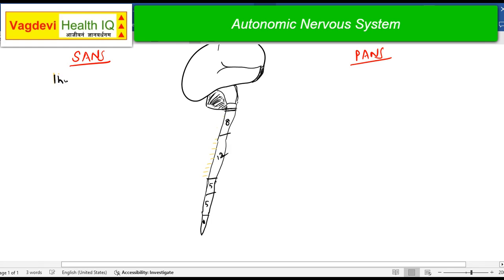Remember, it acts at the thoracolumbar level. And the parasympathetic autonomic nervous system works at the craniosacral level, basically. Always remember this, it used to be one of the questions in pre-medical examinations. Right from +1 +2, I remember this very well. This is a very important thing that I'm telling you.